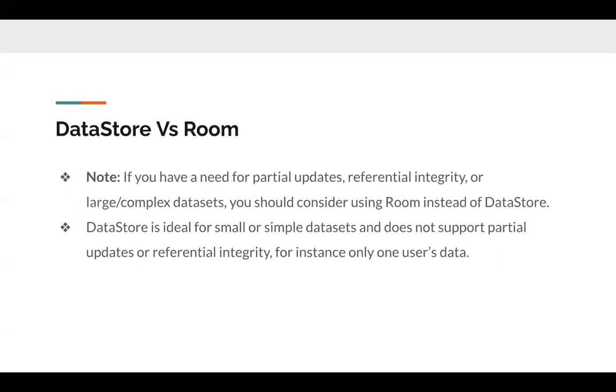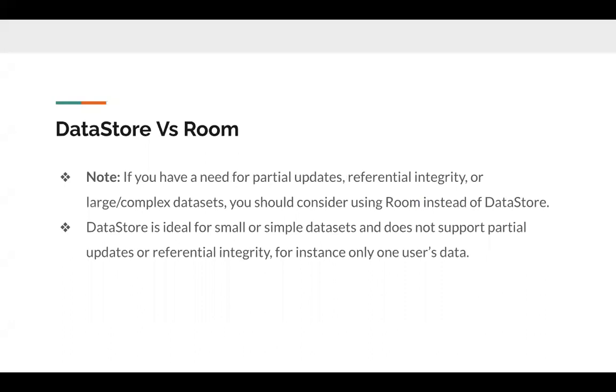Then the last thing is, now that we have DataStore, remember we also have Room for storing data in Android apps. For DataStore, you will use it for simple data sets, like when you're only storing a user profile in the app.